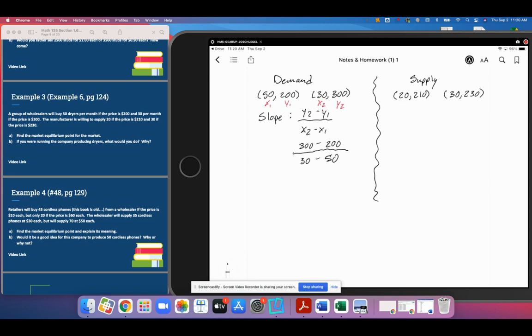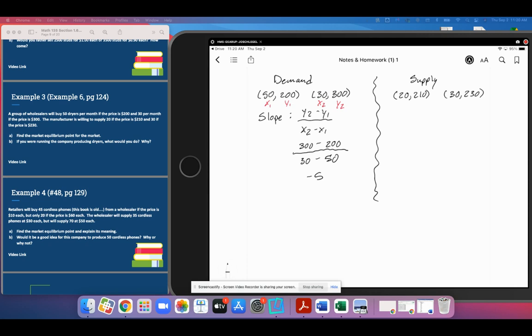And if I were to give that to Wolfram, everyone give me one moment to do that, and we will get a result here. Got 300 minus 200 over 30 minus 50. And I get a slope of -5.